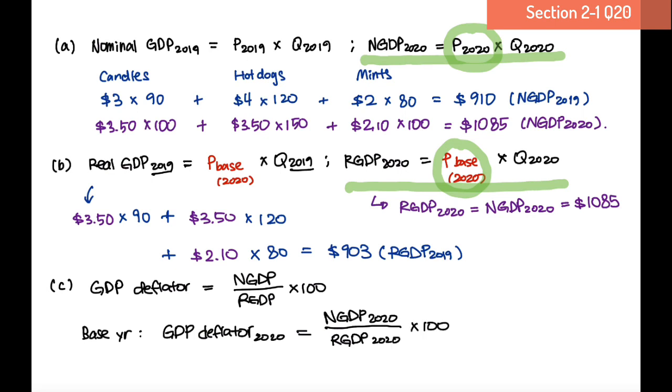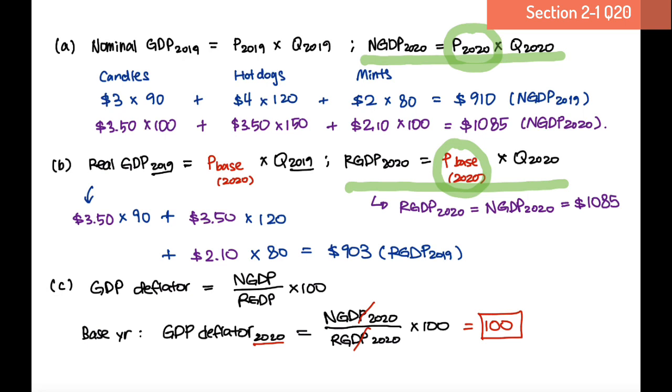But we also know that for 2020, because that's the base year, your nominal GDP is exactly the same as your real GDP. And so they canceled out, and the resulting GDP deflator for year 2020 is going to be 100. And that's because this is your base year.